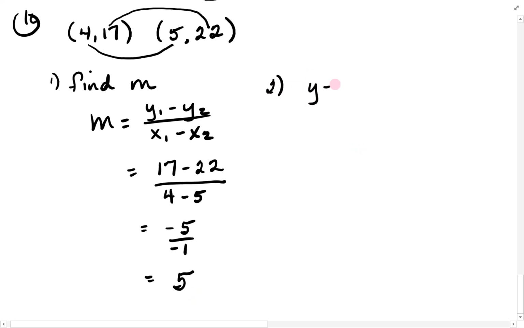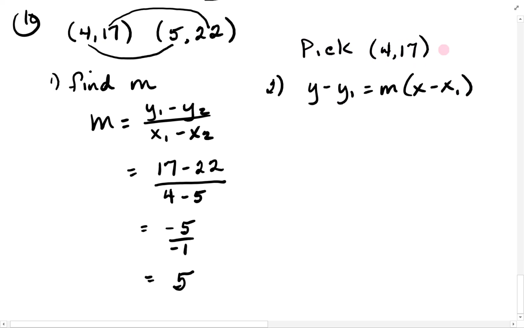Part 2, now I'm going to use point slope. So I have y minus y1 equals m times x minus x1. You get to pick which of these 2 points you want to be the y1 and the x1, and I'm going to pick, and it doesn't matter, (4, 17), and remember we just calculated that m is 5.